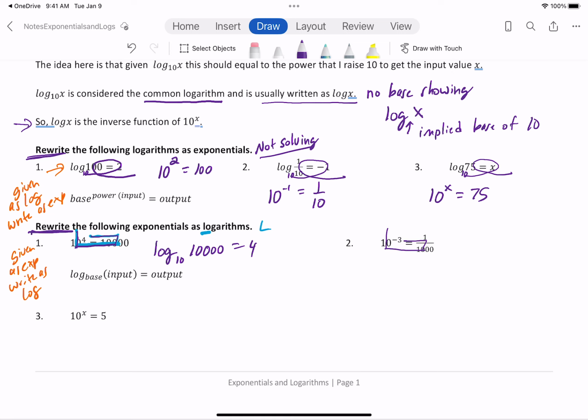So if we do this one, I have log, my base is 10. Then we have 1 over 1,000 equals -3. And then this last one, we're going to do the exact same thing. I get log base 10, 5 equals x.